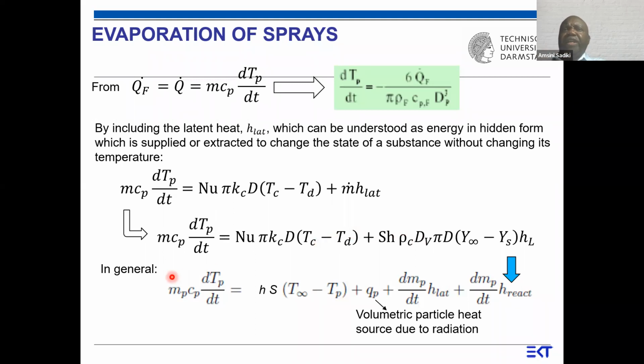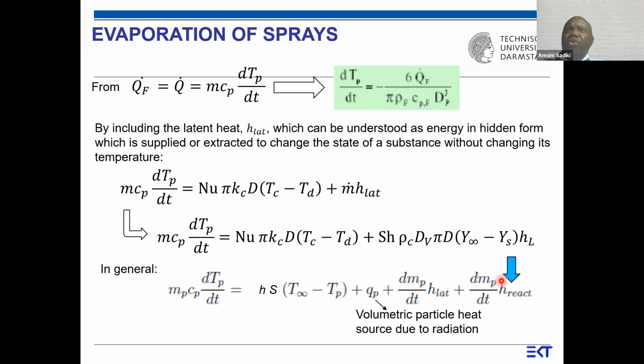But in the general case, we have this term, which is the first part heating the particle or the droplets. We have also a radiation term, the latent heat part, and if we have reaction, we can also have the reaction part in this equation.